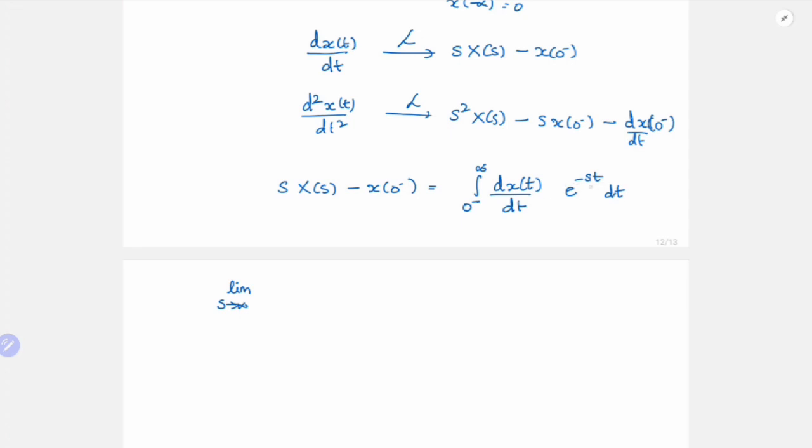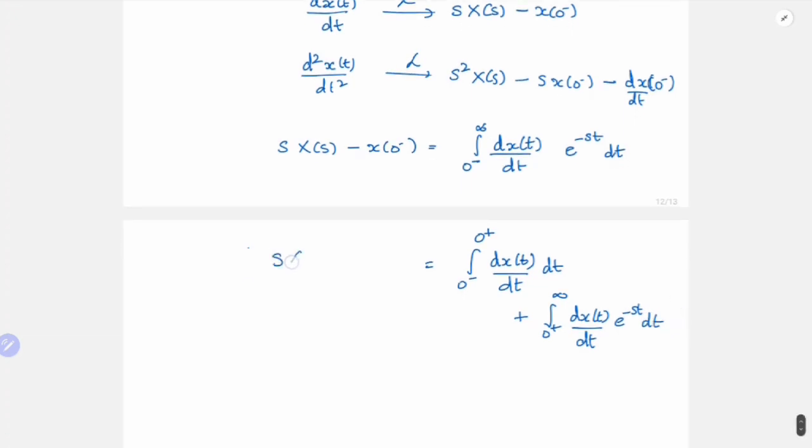Because if I evaluate this at 0, e power minus 0 into infinity, I'll get infinity into 0, something like this. So I'll first evaluate this and then apply the limits. So 0 minus to 0 plus dx of t by dt, and in this region it is just going to be 0 dt, right? So I can neglect this term. Plus integral 0 plus to infinity dx of t by dt e power minus st dt.